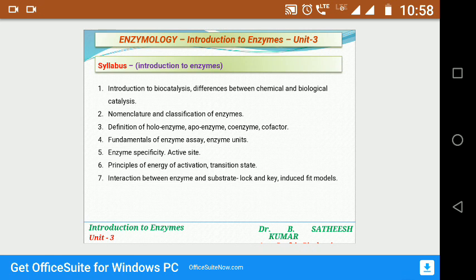A very important topic to cover in the first class is enzyme specificity and active site. And of course the sixth topic is also important to learn the basics about enzymes, that is principles of energy of activation and transition state.